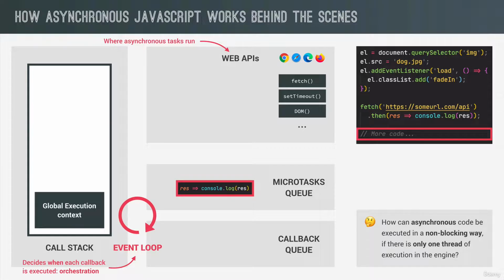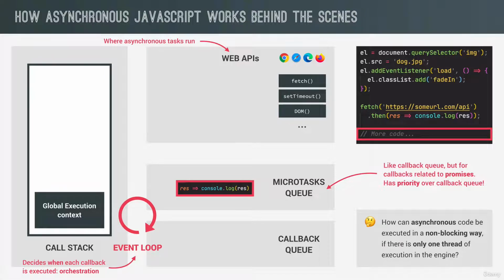Now, what is special about the microtasks queue is that it basically has priority over the callback queue. So at the end of an event loop tick, so after a callback has been taken from the callback queue, the event loop will check if there are any callbacks in the microtasks queue. And if there are, it will run all of them before it will run any more callbacks from the regular callback queue.